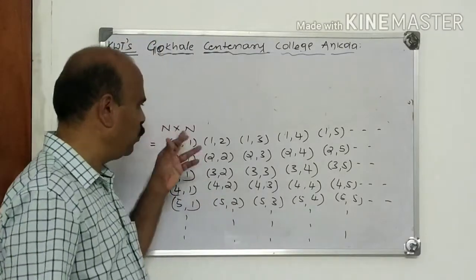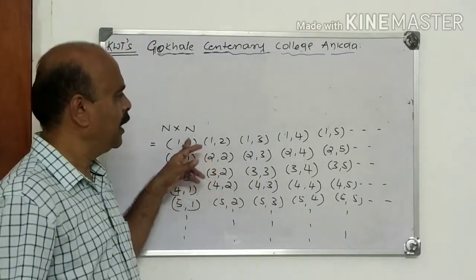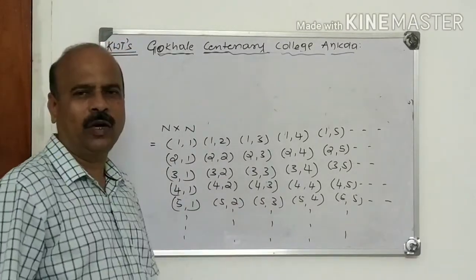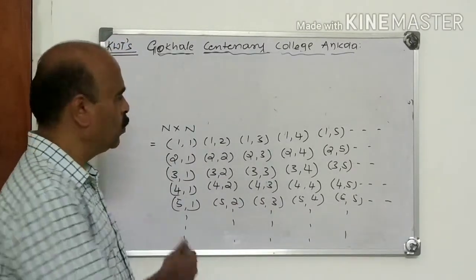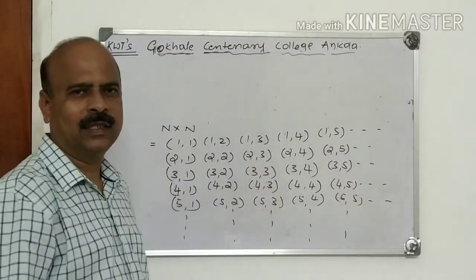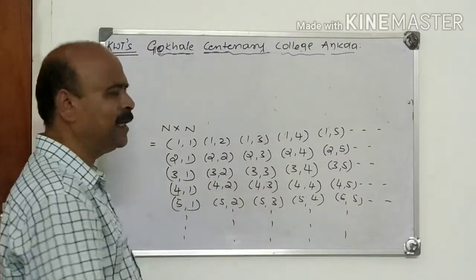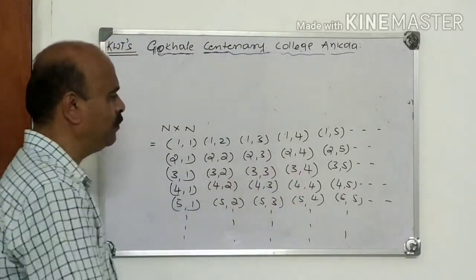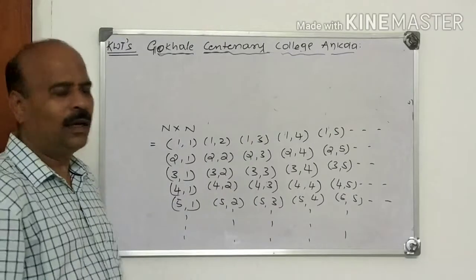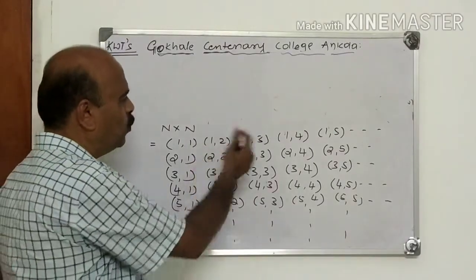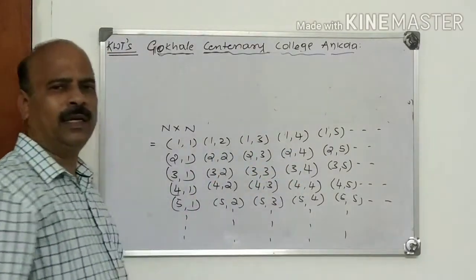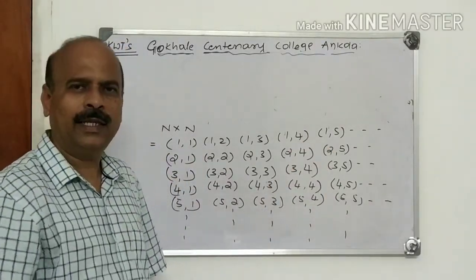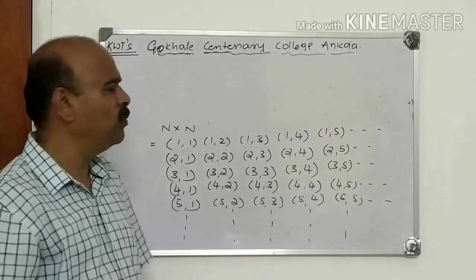If we express the elements of a set in some definite order, sequential order, if we find out a rule to write the elements of a set in some order, then we say that the set is denumerable. Now what are the elements of N cross N? Infinite elements are there. But I explain how we can express the elements of this set N cross N in some sequential order, and then I conclude that it is denumerable.